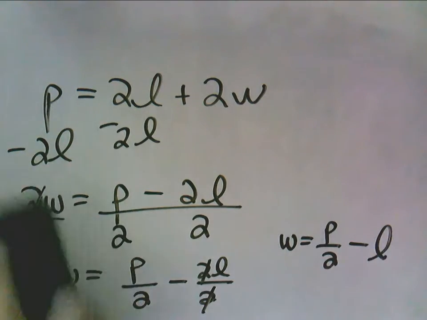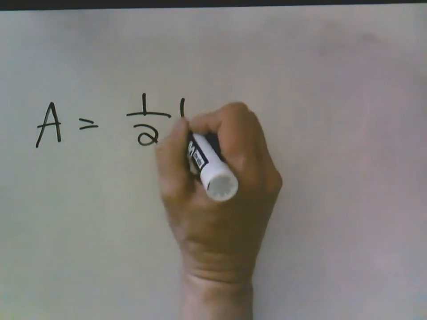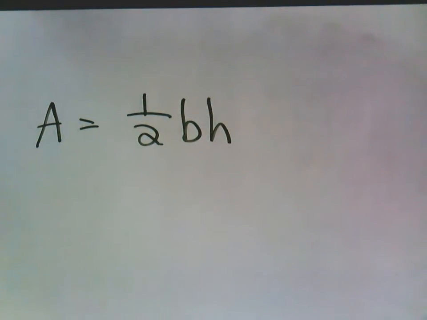Okay? Now, the next formula is the area of a triangle. Right? Now, this has a fraction, and trust me on this. When you have to solve for a different variable and there's a fraction involved, you want to get rid of the fraction. We all know how to get rid of fractions.